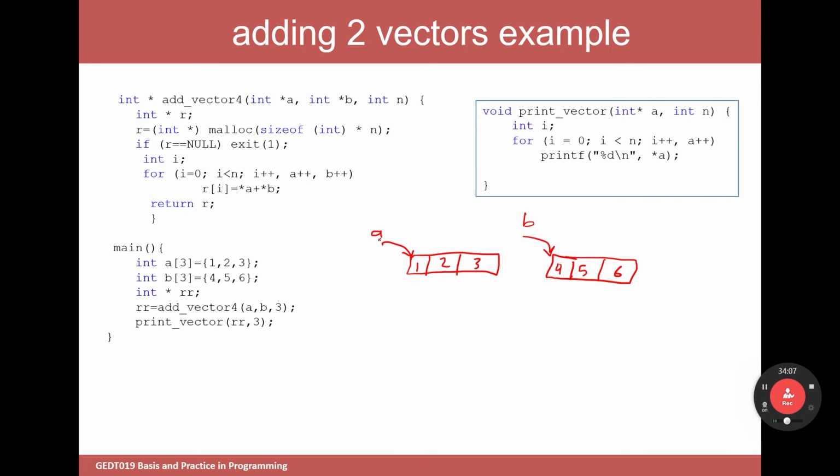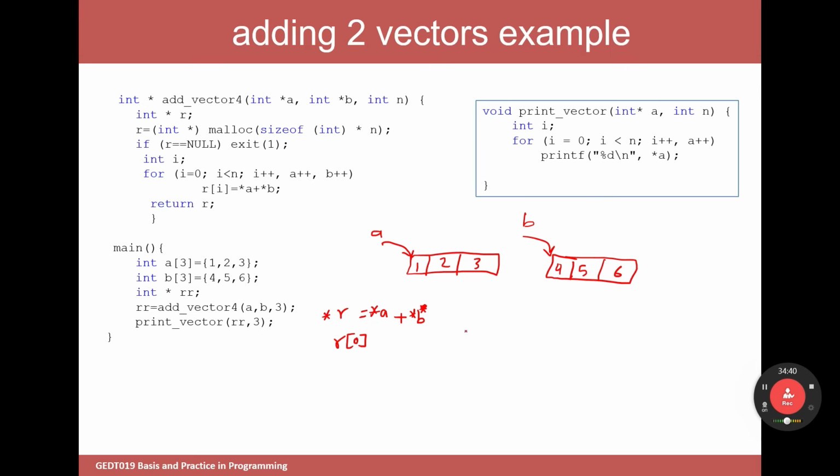So star A means the value inside A, plus the value inside B. Those will go to where? Those will go to the value of R.